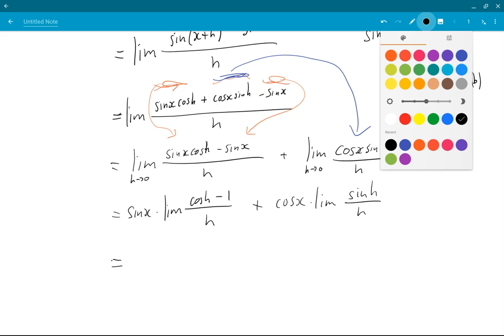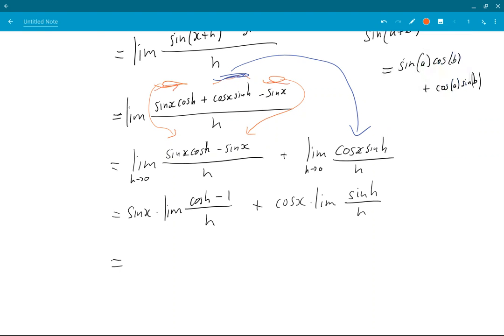Okay, now where am I now? Well, unfortunately, this is where I have to invoke some magic. This limit is equal to 1, and this limit is equal to 0. Okay, the magic, I can't really go into the proof of these.